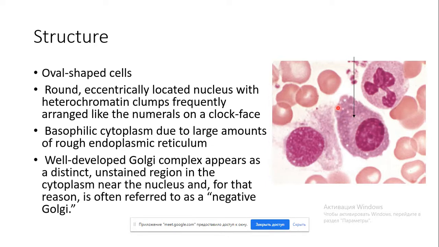Everywhere else we have ribosomes, but in this area, instead of ribosomes, we have the Golgi complex, and that's why in microscopic view we can see this pale appearance next to the nucleus. This is referred to as the negative Golgi, a typical feature of the plasma cell.